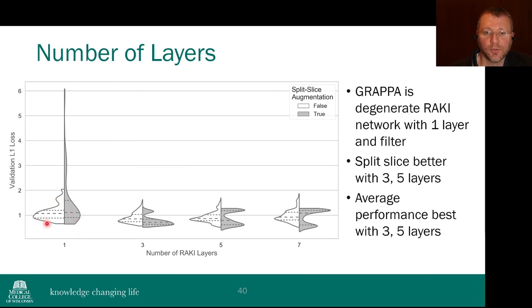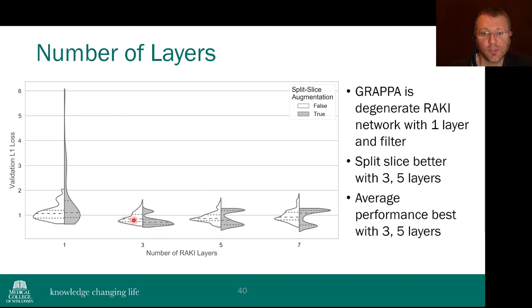In fact, the non-split slice version works very well with just one layer. That one layer is, when you think about it, just a degenerate case of standard slice GRAPPA. So that's interesting. With a single layer, as you would get in slice GRAPPA, you get better results than if you augment that training data. But as you go to higher numbers of layers, you get slight improvements.